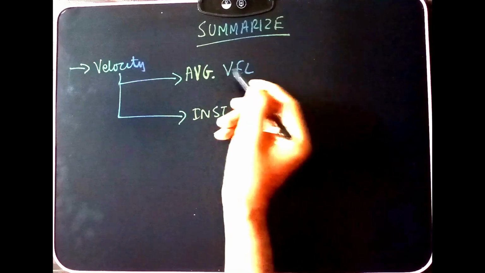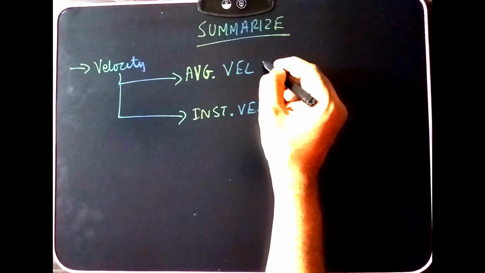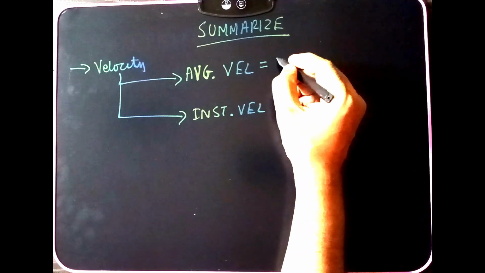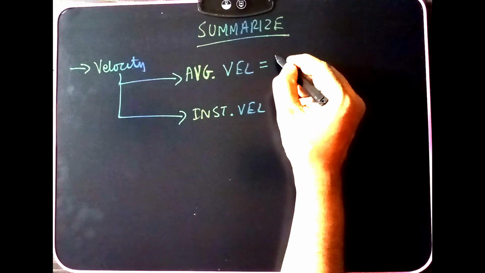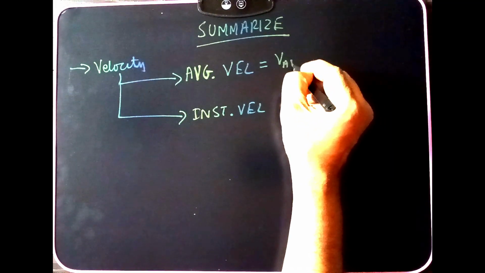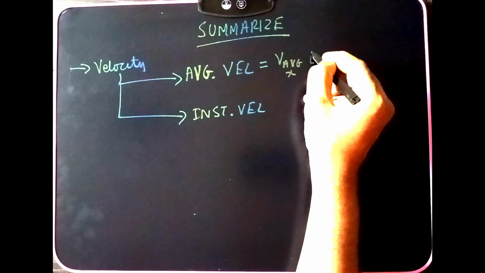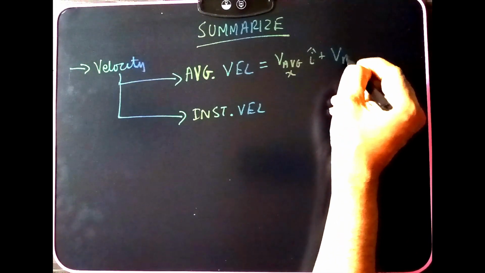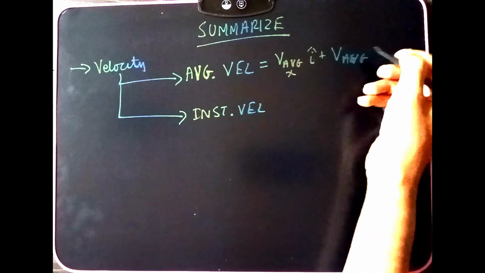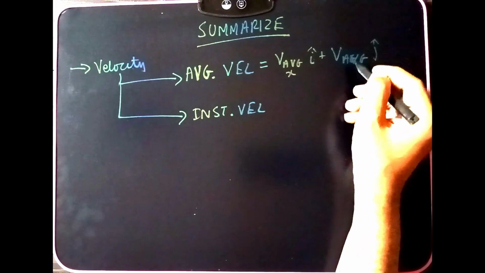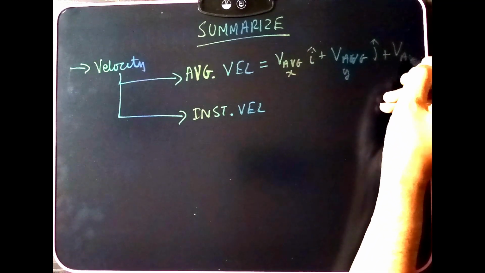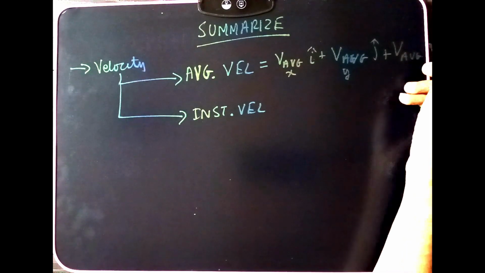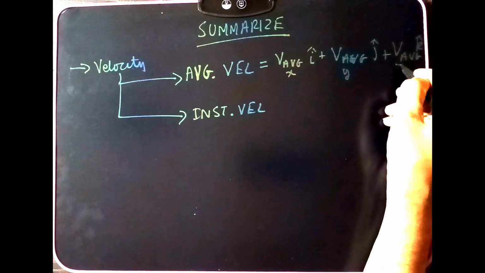Average velocity is given by the average velocity on each of the axes. We can write it as average velocity in x i cap plus average velocity in j cap, that means obviously y, plus average velocity in k cap, that means z.